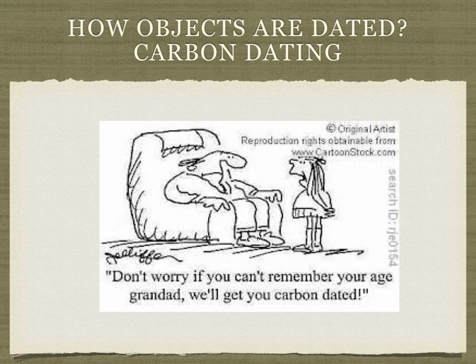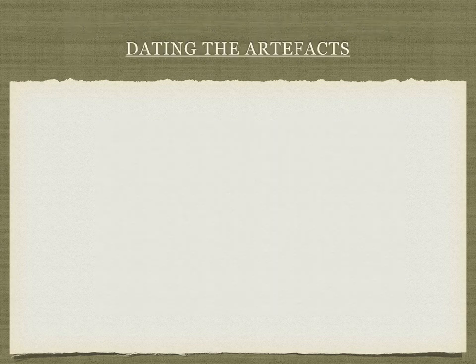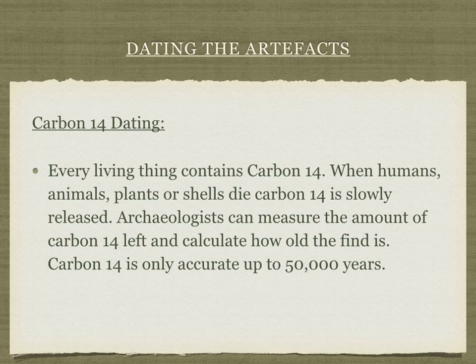So our first method of dating, so how are objects dated? First one we're going to use is carbon dating or carbon-14 dating. So what is carbon-14 dating? Every living thing contains carbon-14. When humans or animals and plants or shells die, carbon-14 is slowly released.